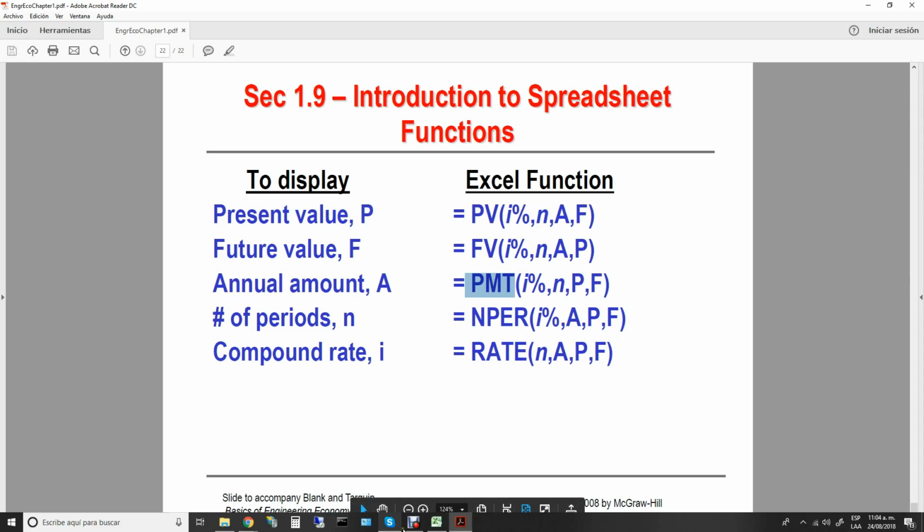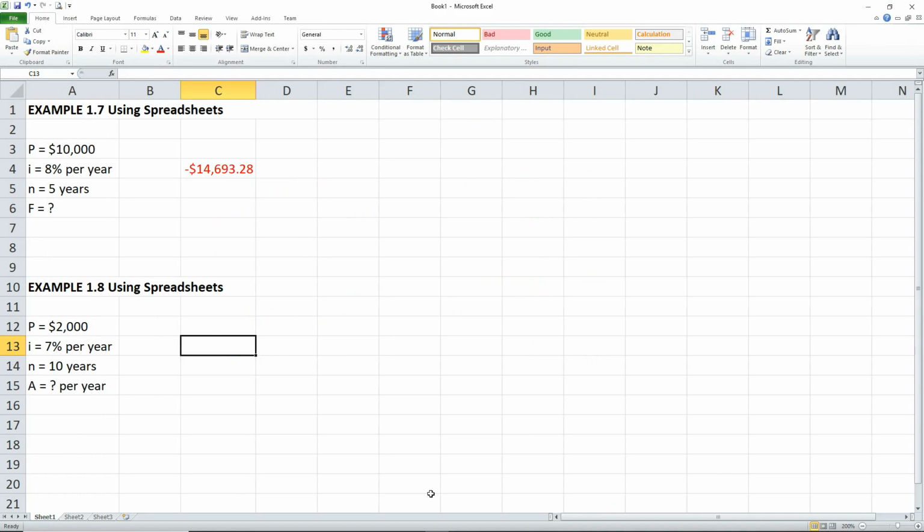So if we go here, you're going to type in equal sign PMT for payment, and it gives you the definition. It calculates a payment for a loan based on constant payments and a constant interest rate. You open the parentheses, and then again the smart tag will tell you what to enter.